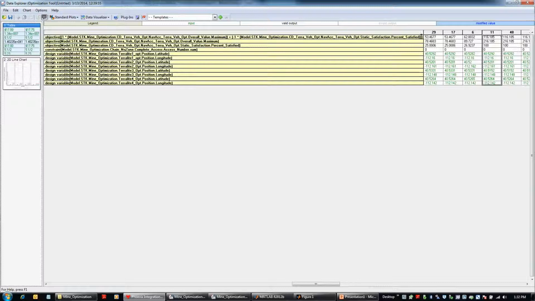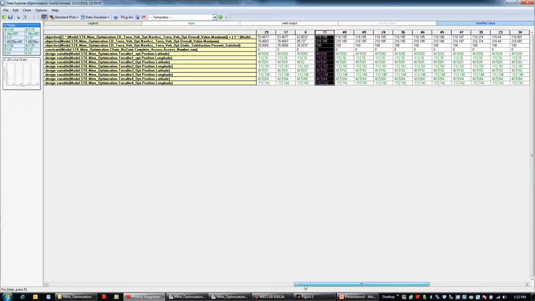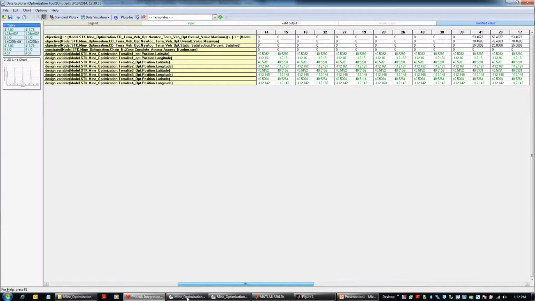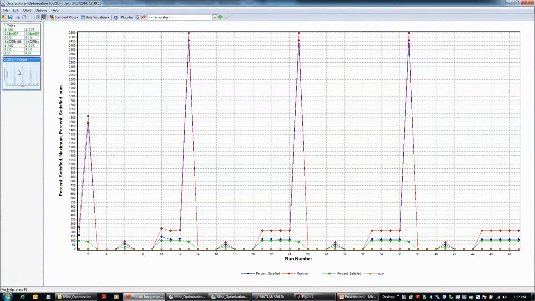So these are all the runs I did, around 50 runs, and you can see them in 2D graphics also. These are all the runs where blue is the percentage satisfied, red is the objective, green is the percentage satisfied, and the sum. So you can see everything plotted in the Data Explorer.